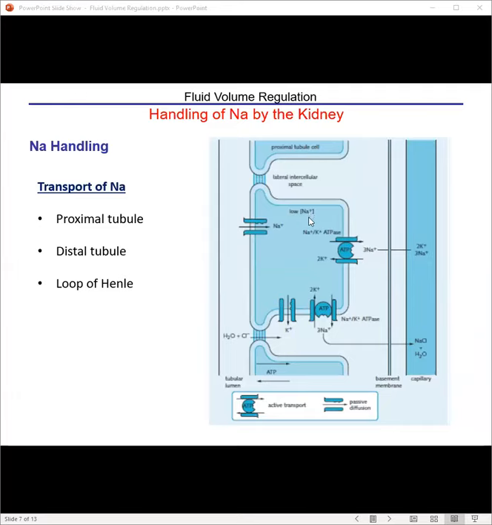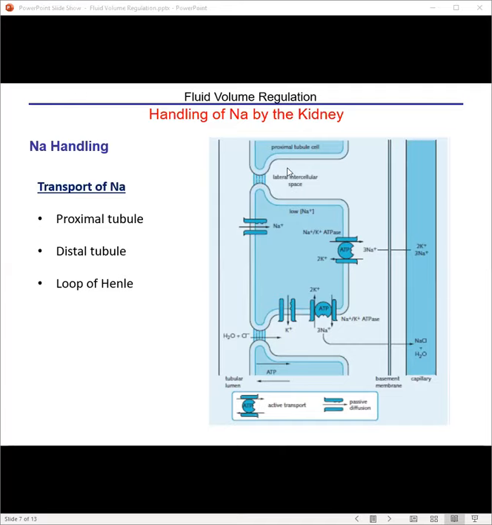A lot of sodium is reabsorbed in the early proximal tubule, but the cell junctions are leaky. Remember, the cell junctions are not really tight, so the gap between your proximal tubule cells is not bridged very tightly. So the concentration gradient between the filtrate and the intercellular plasma is limited.